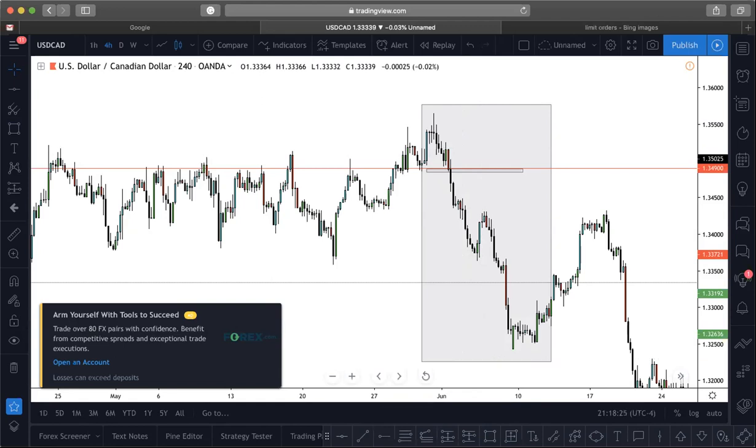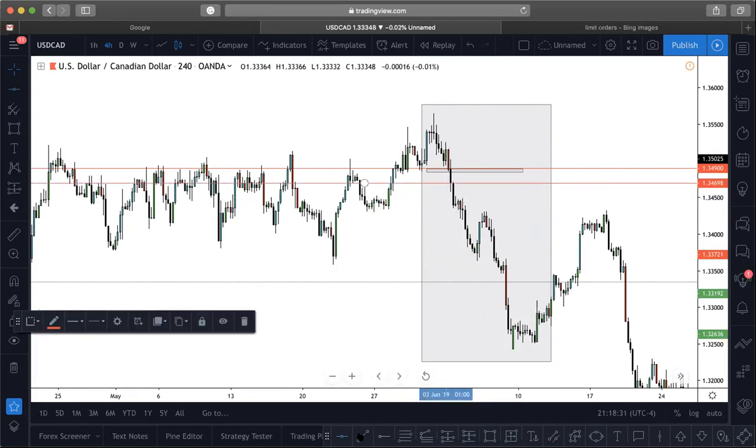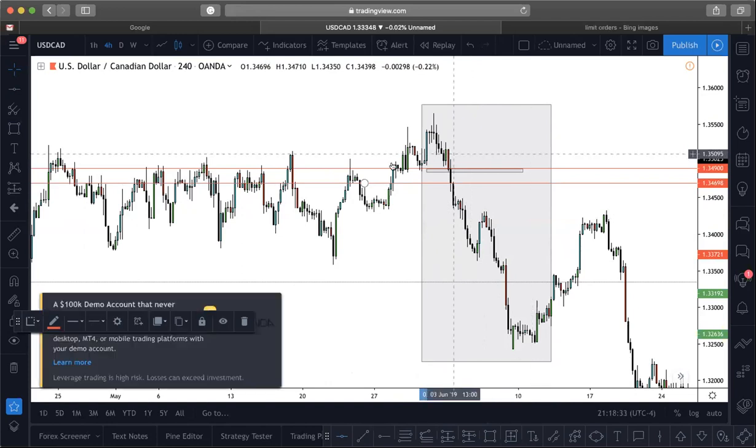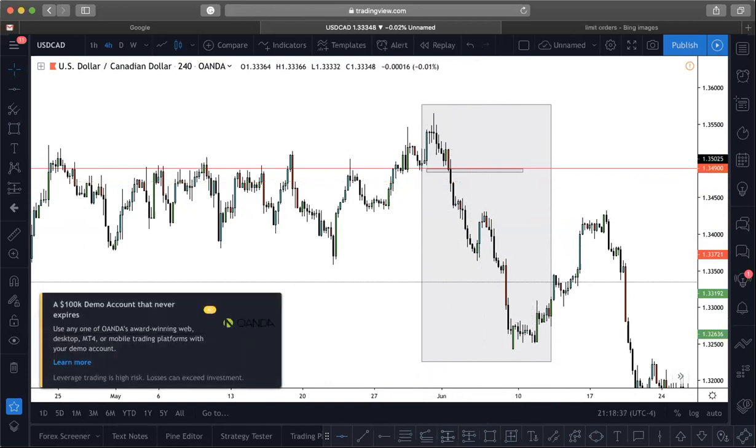Now, what you could do is set your entry here and set your stop. Let me just use the tool. I might have to use different colors.